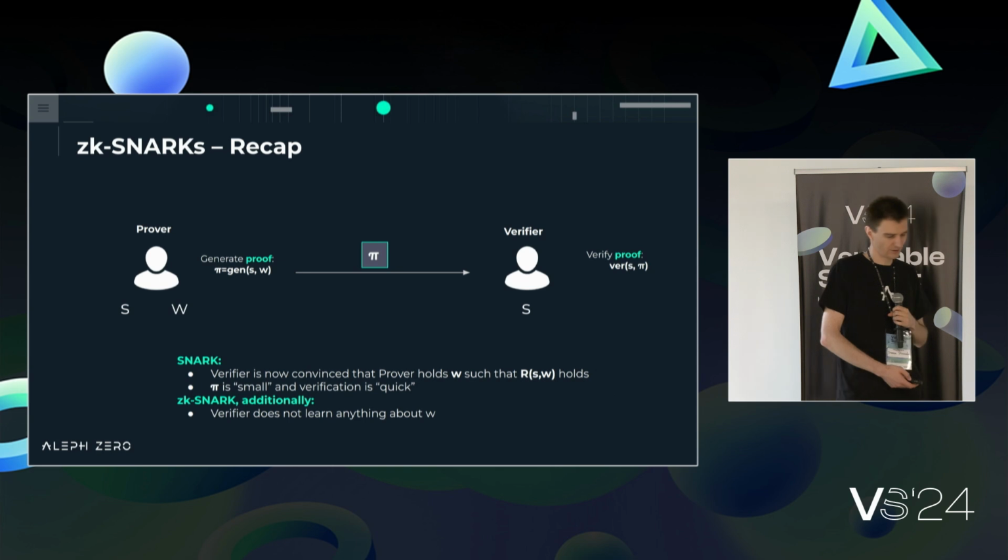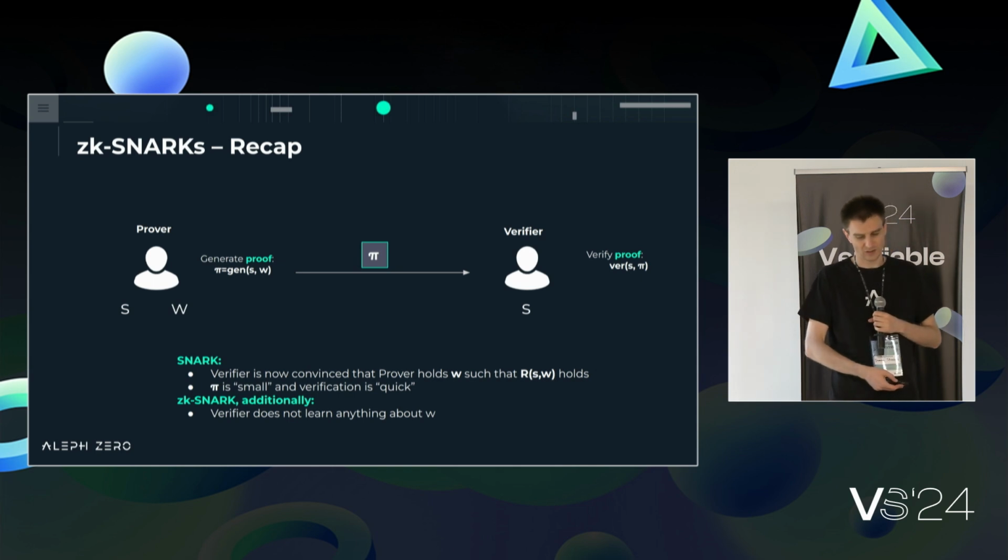I will not explain this very thoroughly, so let me just go over it very quickly. You want the prover to generate a proof that a particular statement is satisfied. The proof is small. The proof is easy to verify. And the proof does not reveal anything about the witness.